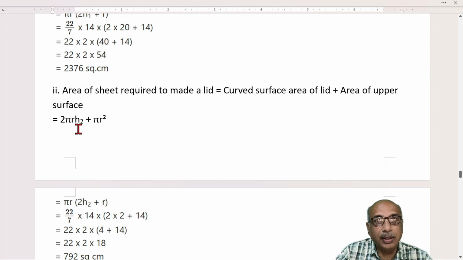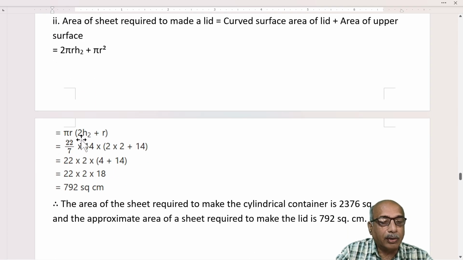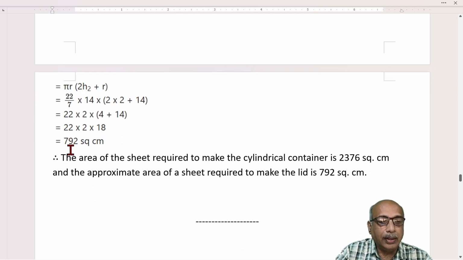So 2 pi r h2 plus pi r square, pi r common, 2 h2 plus r, where h2 is 2 here, there h1 was 20. Substitute the values and calculate. You will get 792 square centimeter.